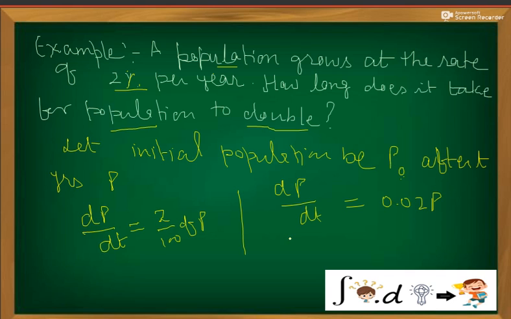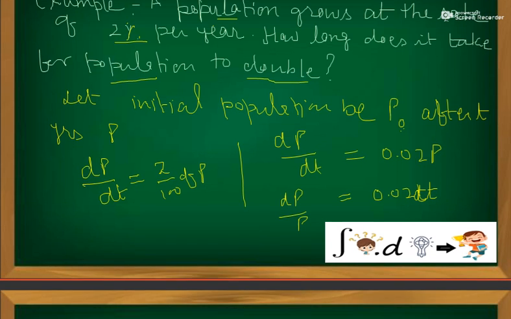Now by separating the variables we can write this as dP by P is equal to 0.02 dt. And now we have to take the integral.